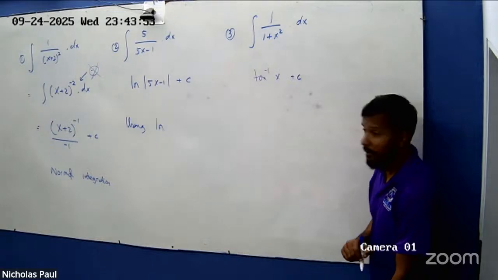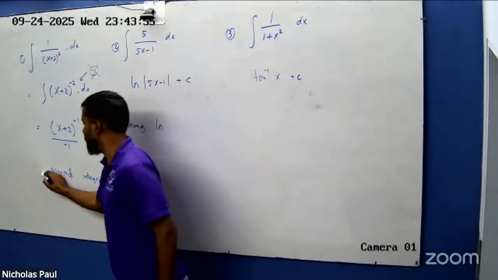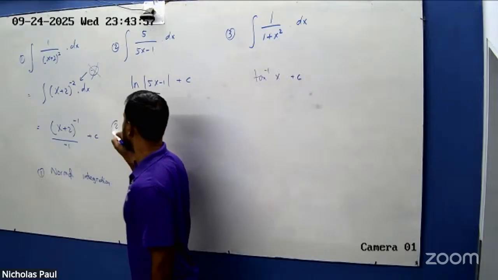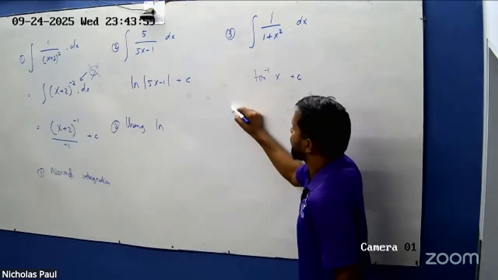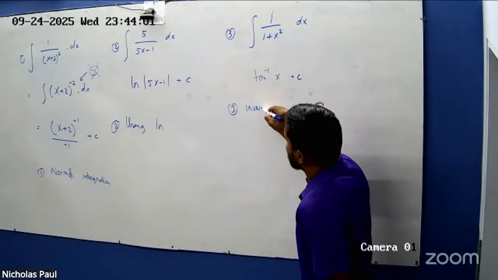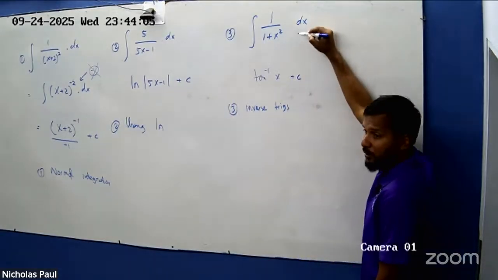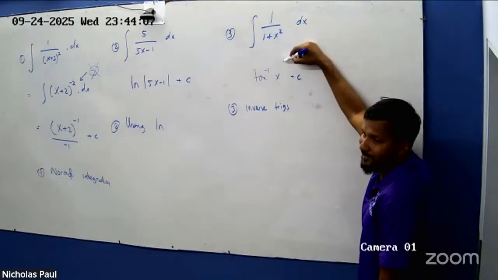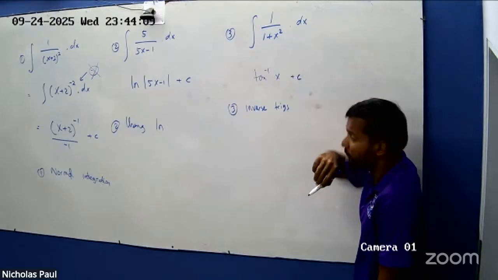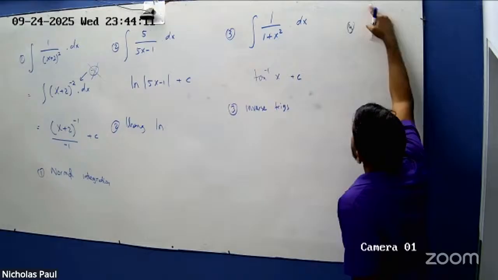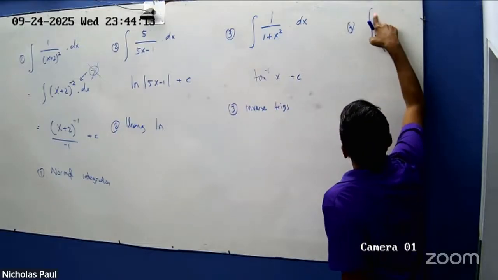So we have one, normal integration, two, using ln, three, inverse trig. You will more often see tan rather than sine and cos. And the fourth one, how are we going to integrate something like this?